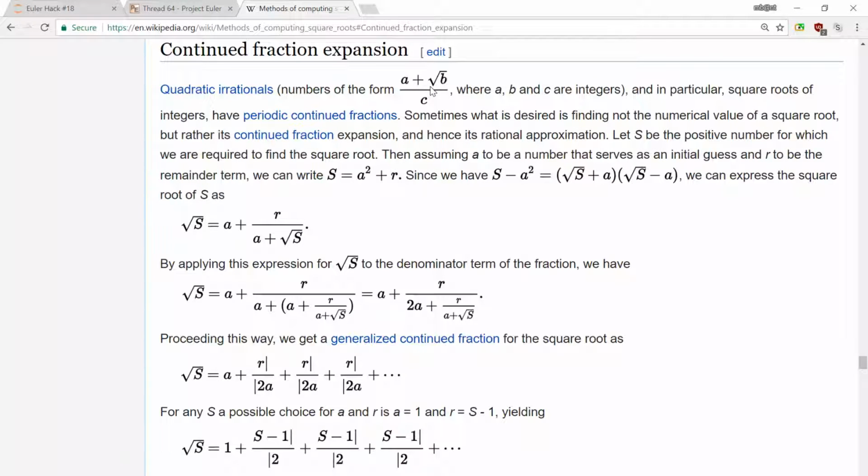Really? Yeah, like 1 plus 1 over 4 plus 1 over 9 plus 1 over 16. I think it goes to it, but I'm not sure about the value. But what I'm sure about is it has an exact limit. Yeah, sure. That I believe.